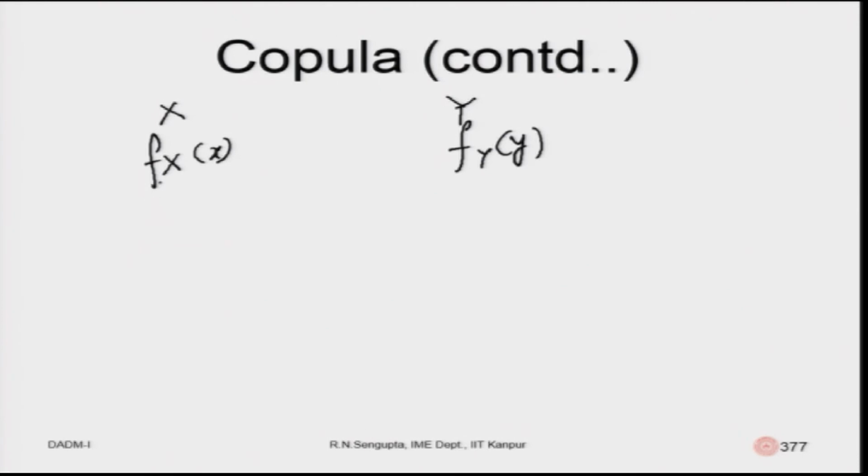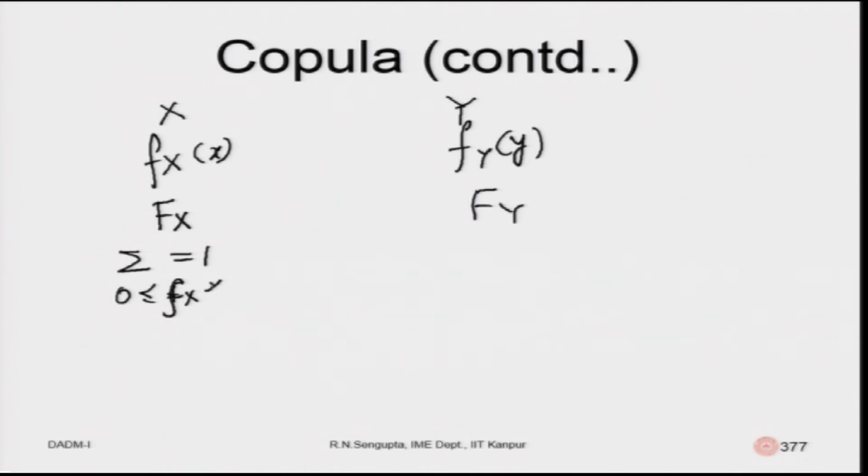So, obviously, all the properties would hold in the sense that if you consider capital F of x, which is the CDF, and capital F of y, then it would mean the sum of f of x is equal to 1.